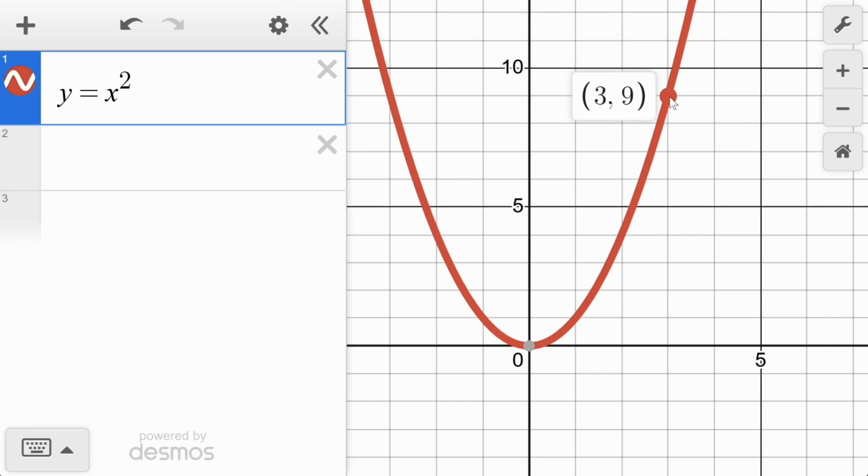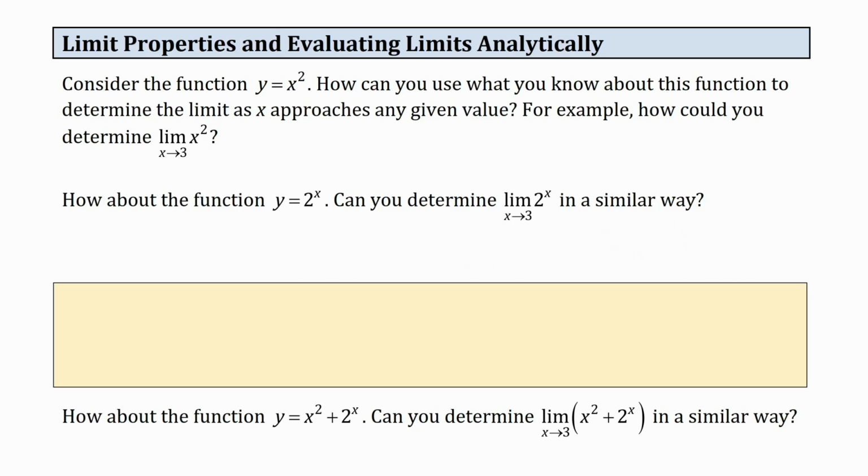Because y equals x squared is a nice continuous function, as x approaches 3, the y values are going to approach the same thing as the value at 3, which is of course 9. So if we want to work out the limit of x squared as x approaches 3, we can just determine the value of x squared at 3 by substituting the 3 in, so 3 squared, which is of course 9.